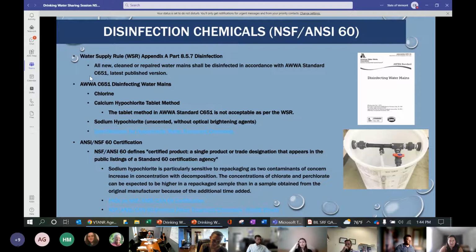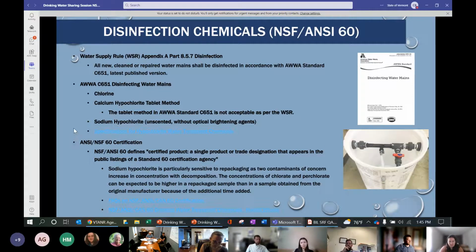In this section of the rule and the standard itself, NSF 60 is called out. So any disinfection chemicals that are used to disinfect new water mains, new storage tanks, anything related to drinking water, like those major components, need to meet this certification.